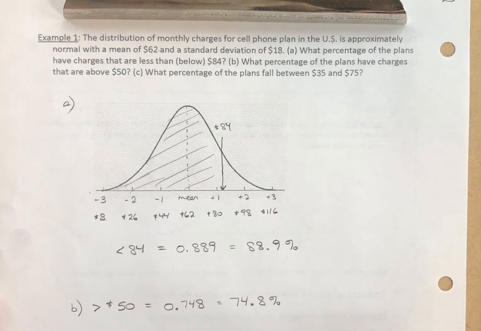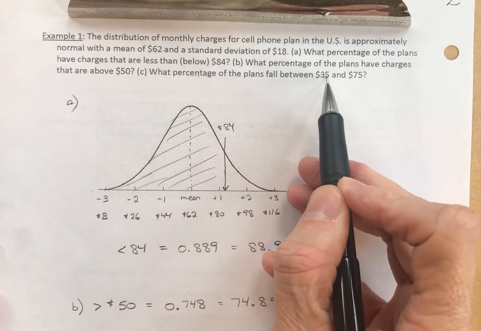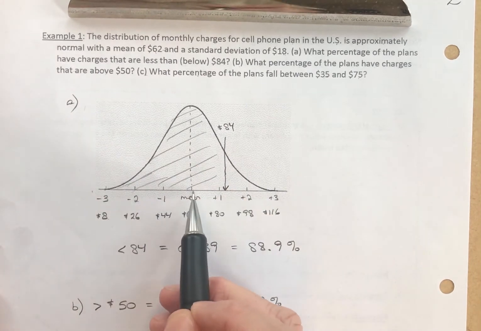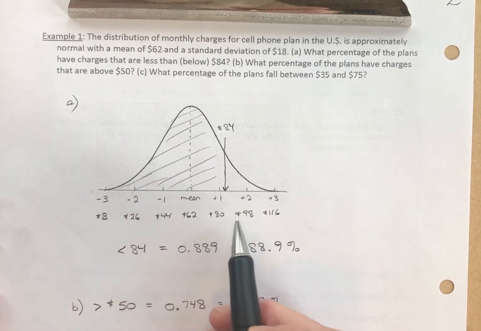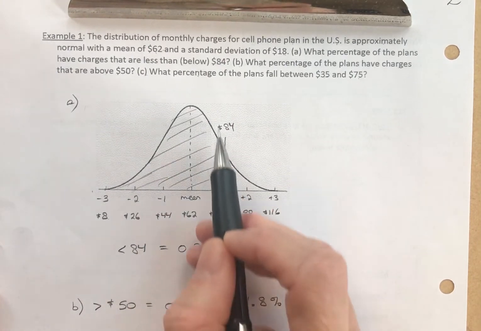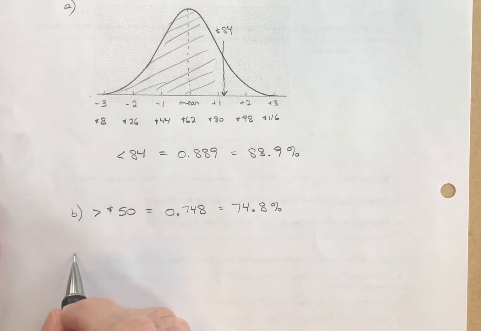Okay, finally, letter C. What percentage of the plans are between 35 and 75? Okay, on this diagram, 35 is in here, 75 is in here, so we're looking at kind of a middle portion of the bell curve. Okay, between, let's letter C here.